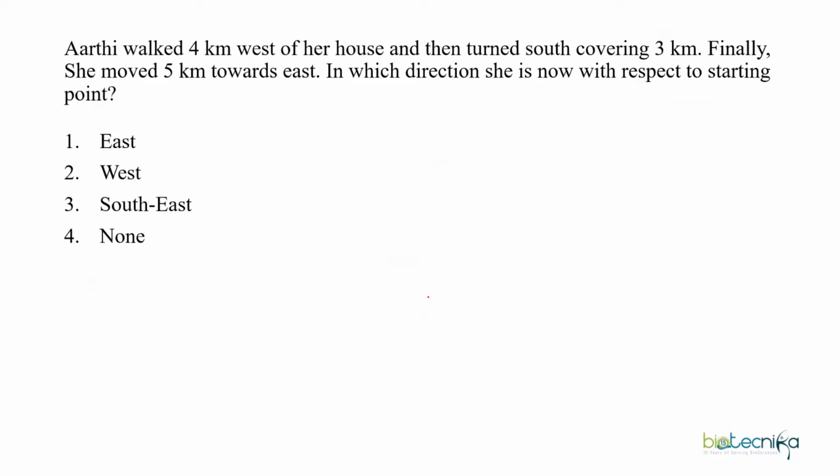Now the next question says Aarti walked 4 kilometers west. So if this is Aarti, she walked 4 kilometers west from her house. West will be this side, so this is 4 kilometers.